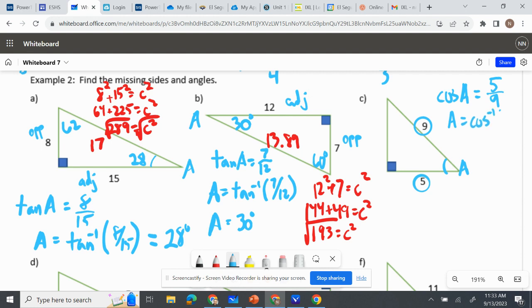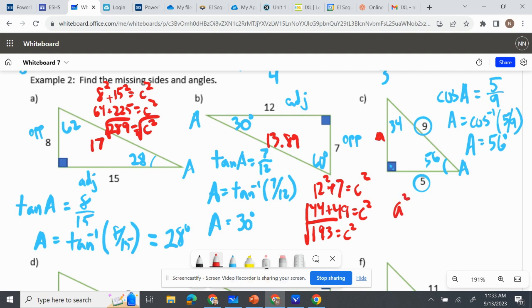So I'm doing second cosine on my calculator. And that right there gives me an angle of 56. So when I subtract from 180, remember this is 90, that gives me 34.